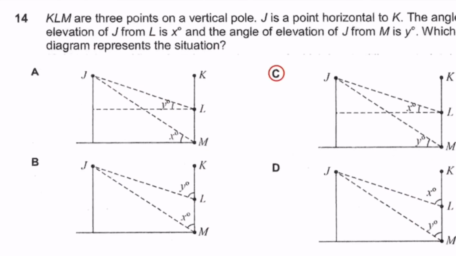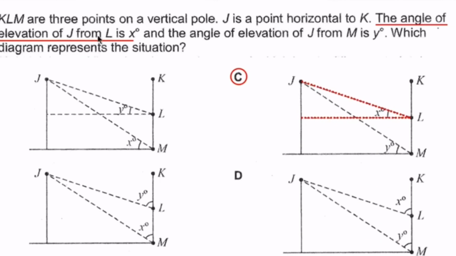So we highlight the keywords: elevation of J from L. So we go to the point L, because it's from L. We draw a horizontal line and then we read the angle from L to J from the horizontal line. The angle is x, it must be from L. So that is the angle of elevation of J from L, which is equivalent to x degrees.